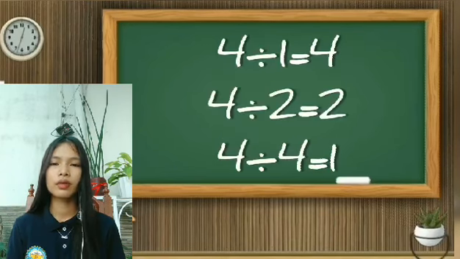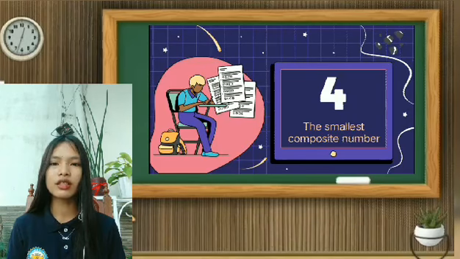Again, let's look at the number 4. Its divisors are 1, 2, and 4. Number 4 satisfies the criteria of a composite number. So 4 is the smallest composite number.